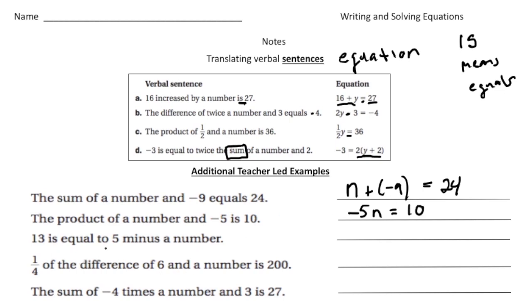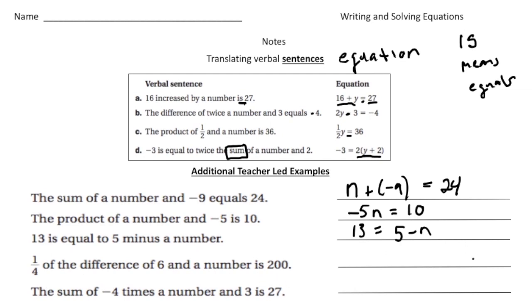13 is equal to 5 minus a number, so 13 is equal to, and then we have 5 minus a number. Now, this one's a little bit tricky. 1/4 of the difference of 6 and a number is 200.